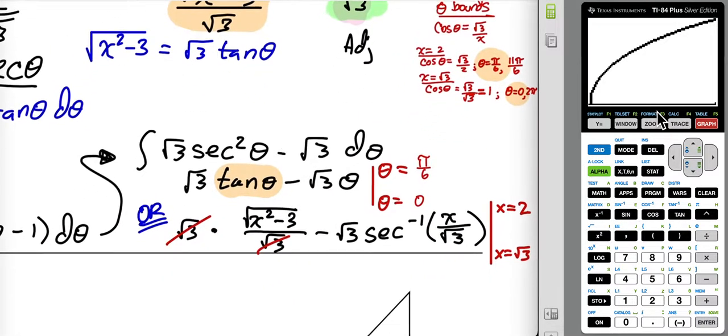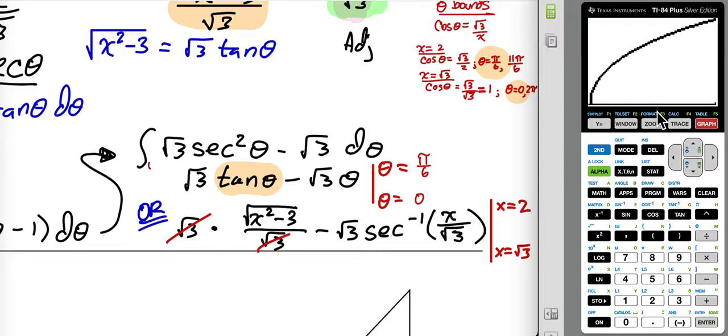All right, so these would be the relevant bounds, and I can evaluate this function. I can do it both ways.